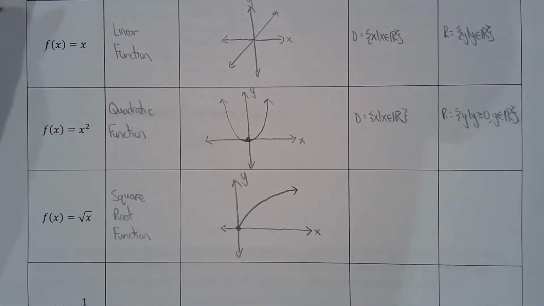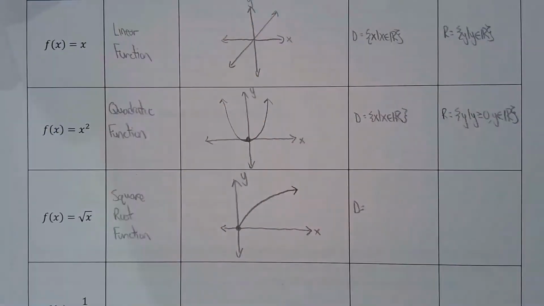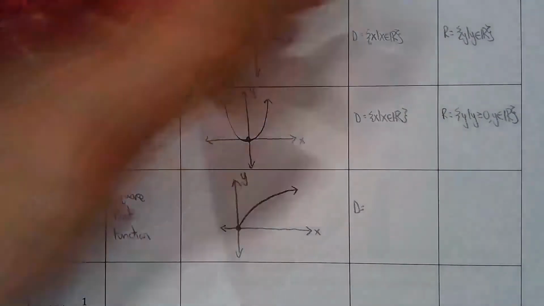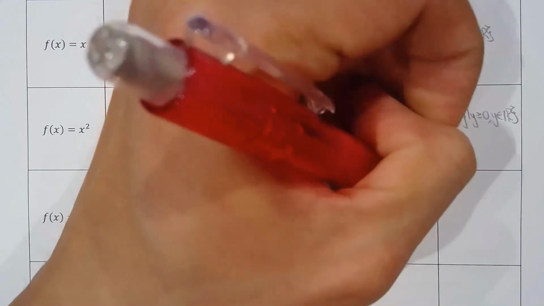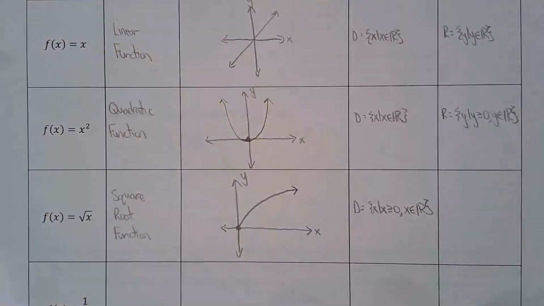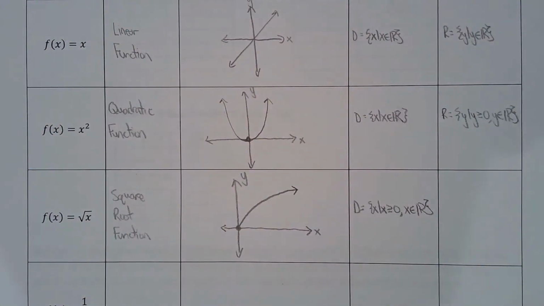Let's state the domain and explain why that's the case. If you look at the domain, x has to be greater than or equal to 0, any real number greater than or equal to 0. Does it make sense? Of course, because it's the square root function.